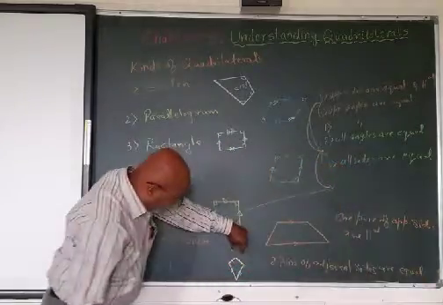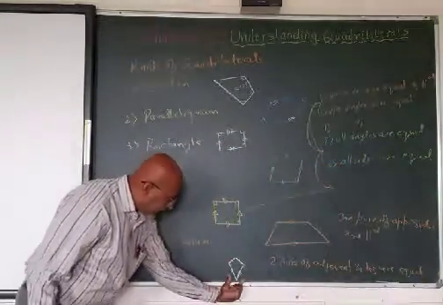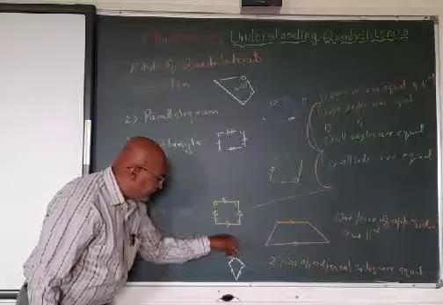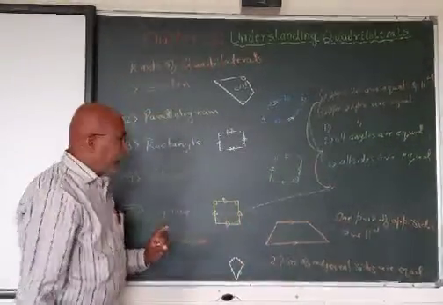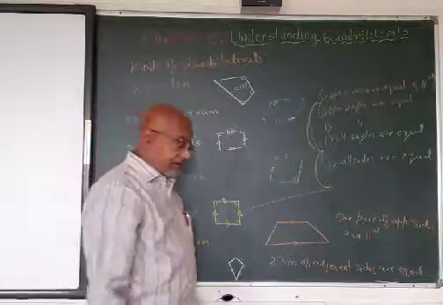See here, this upper pair and the lower pair are equal to one another, and this is the peculiar property of kite.